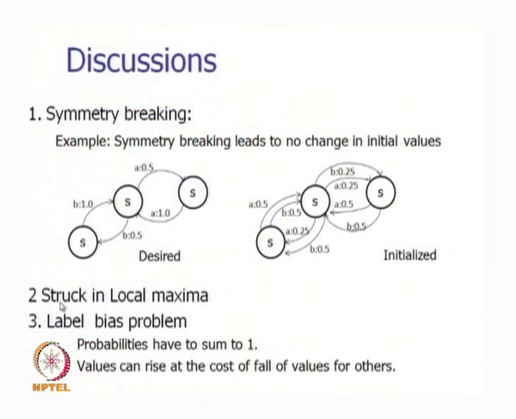So, there are some interesting points about this algorithm. Some of these issues pertain to the behavior of the algorithm when it gets stuck in a local maximum, for example. In this particular algorithm the computation stops when there is no appreciable change in the probability values. Now, this particular state of probability values can be a case of local maximum.